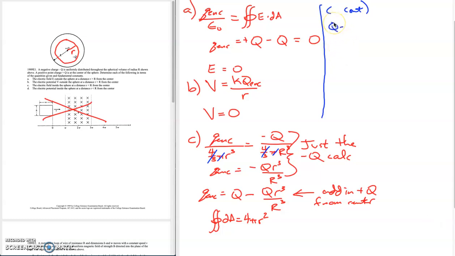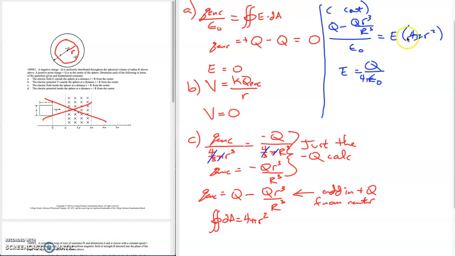So we're going to have Q minus Q r cubed over R cubed all over epsilon naught equals E 4 pi r squared. And when we divide this over, factor out a Q, we're going to have Q over epsilon naught. Oh, and the 4 pi, don't forget the 4 pi.